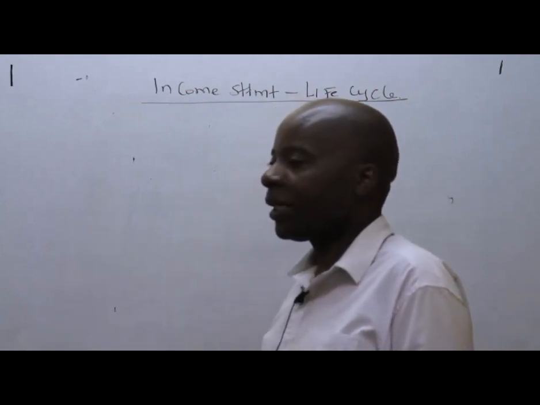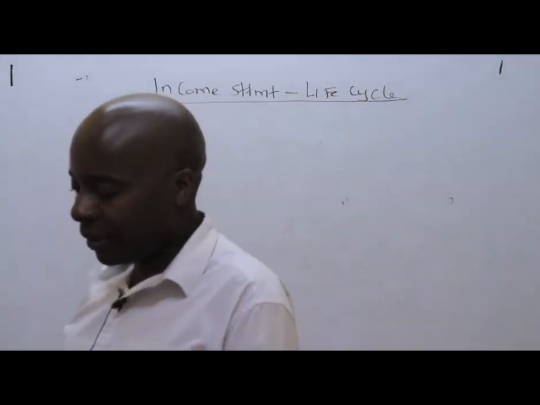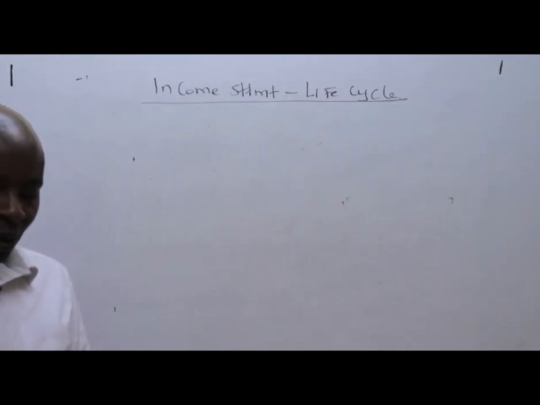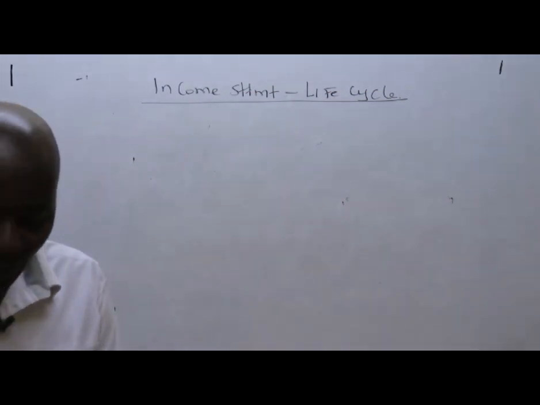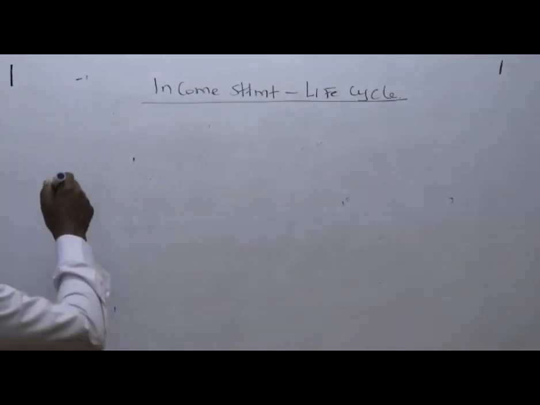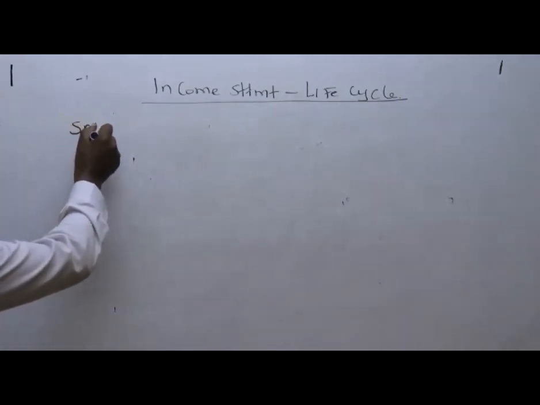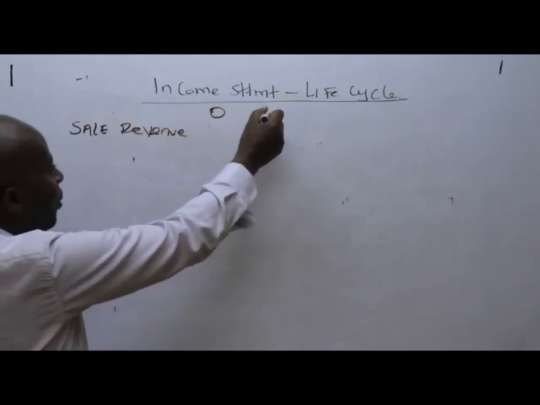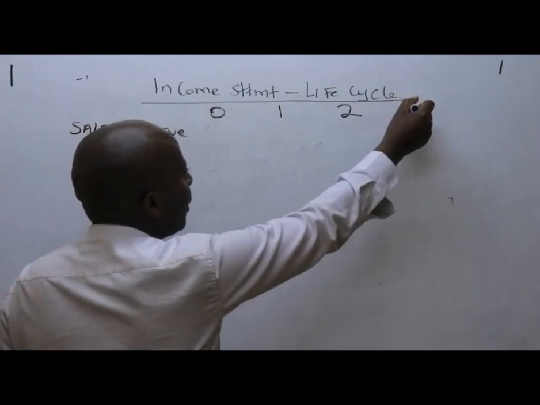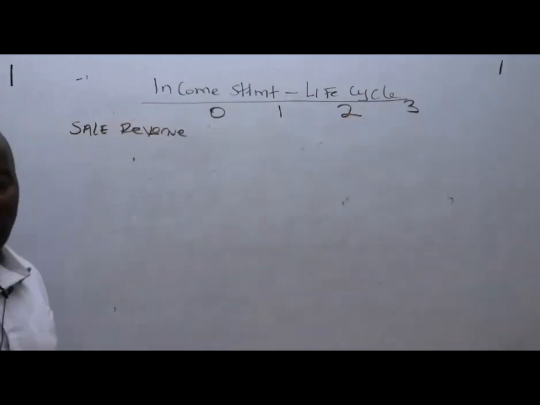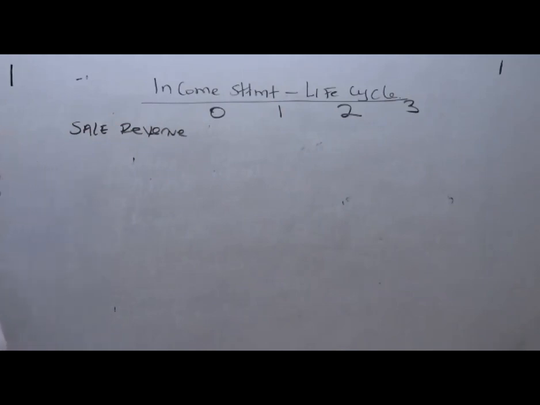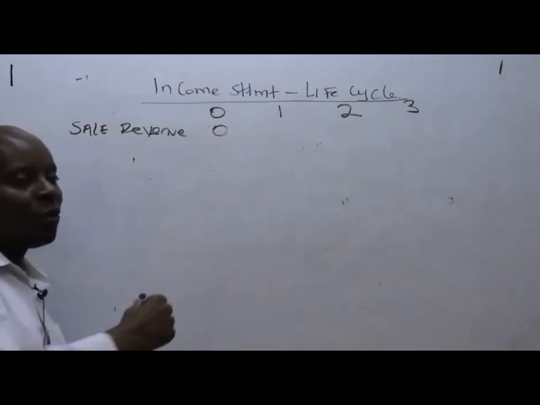So we start with sales revenue. We have year 0, 1, 2, 3. For sales revenue, of course, at year 0, time 0, we haven't started selling.